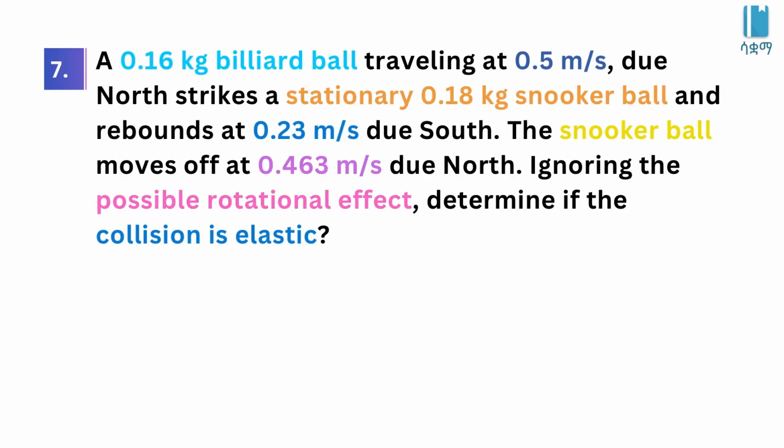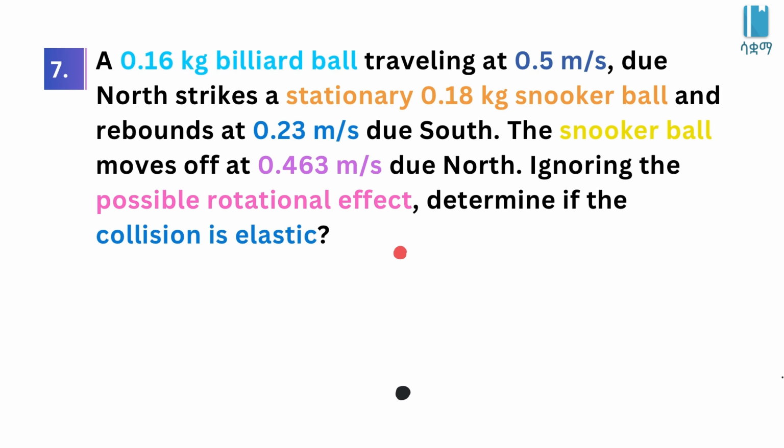So when we go to question number 7: a 0.16 kilogram billiard ball traveling at 0.5 meter per second due north strikes a stationary 0.18 kilogram snooker ball and rebounds at 0.23 meters per second due south.